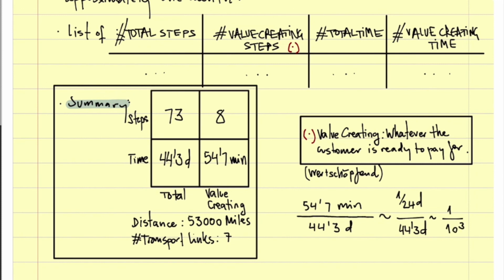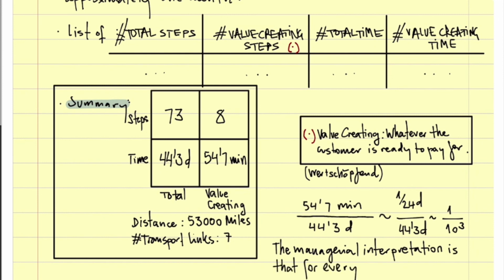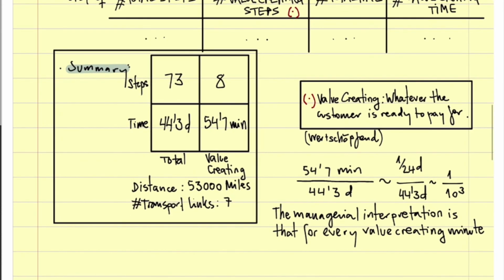The management interpretation of this is that for every value creating minute, we have 1,000 non-value creating minutes.